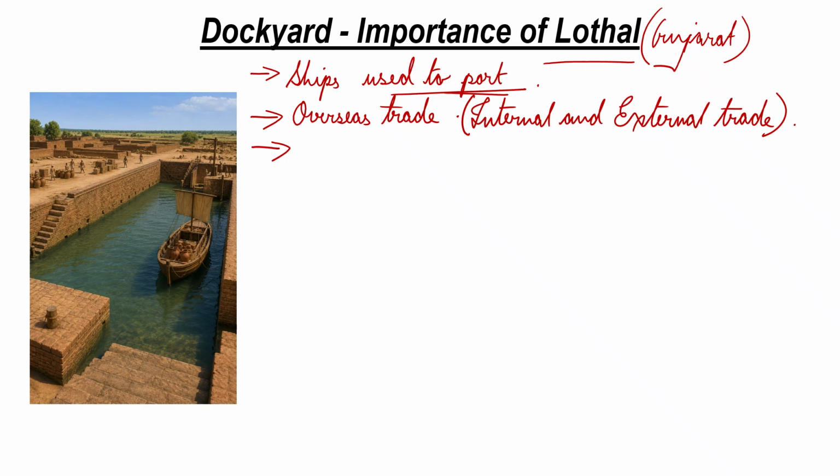The dockyard has been connected with other rivers, and this gives us that people had hydraulic knowledge. Hydraulic knowledge means knowledge about the functionalities of water or properties of water.